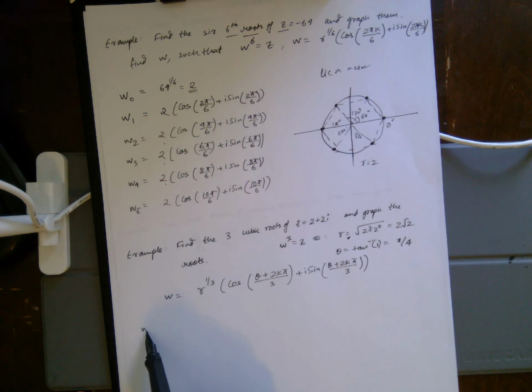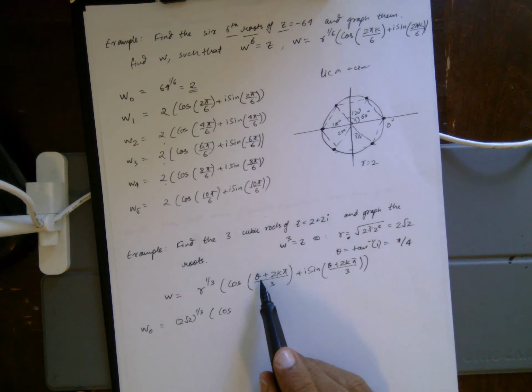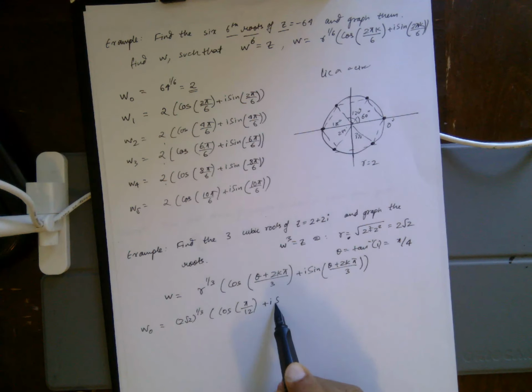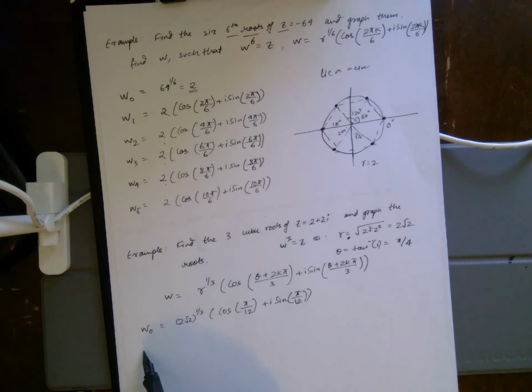So let's write it down. W0 is 2 root 2 to the 1/3 cosine, so k is 0, but theta is pi over 4, so it's pi over 4 over 3, which is pi over 12, plus i sine pi over 12.